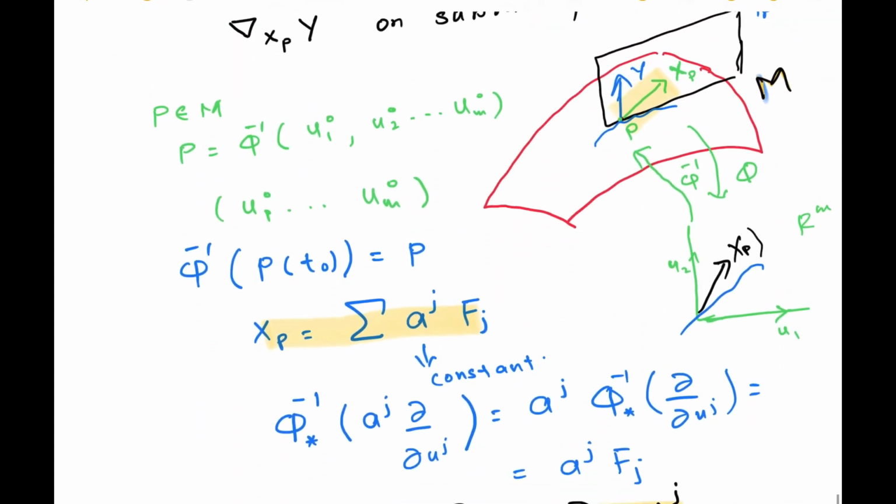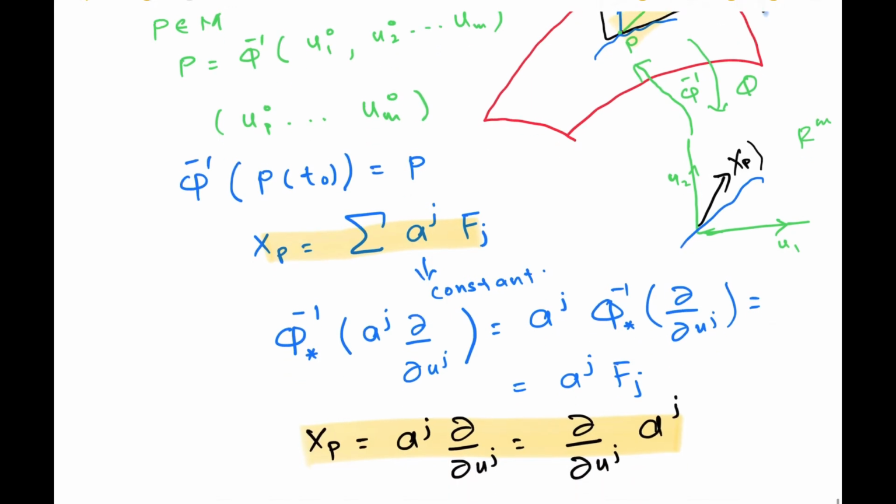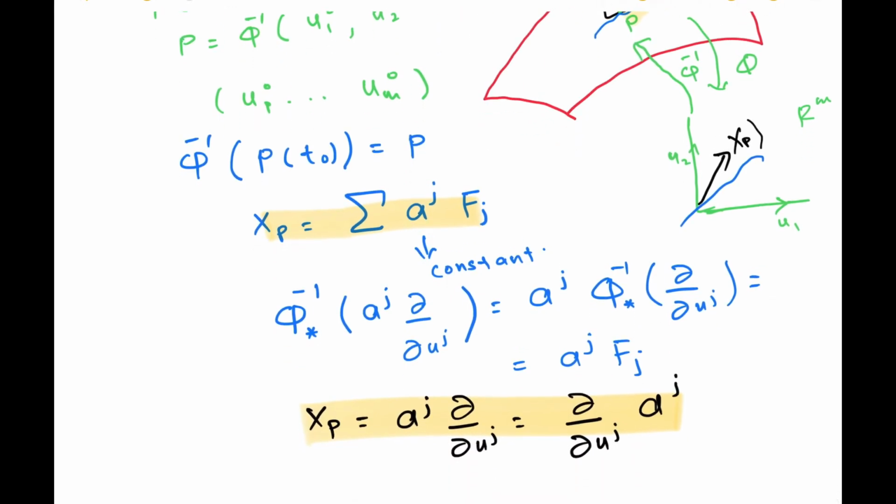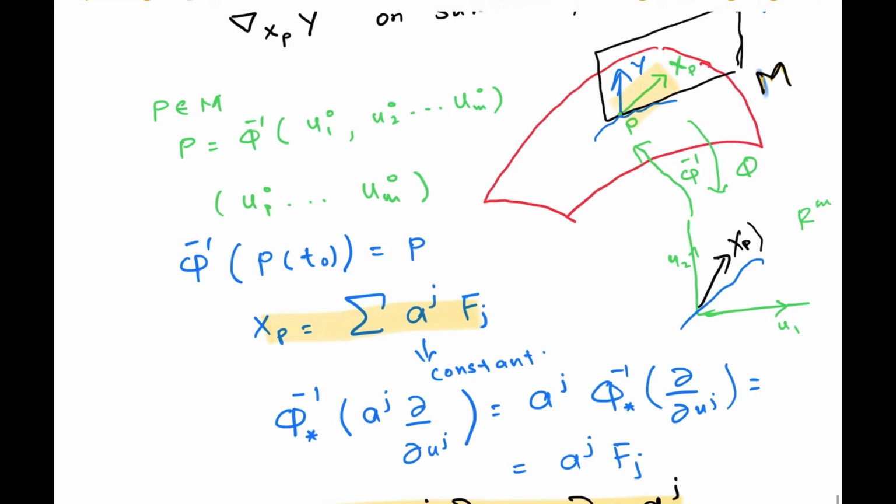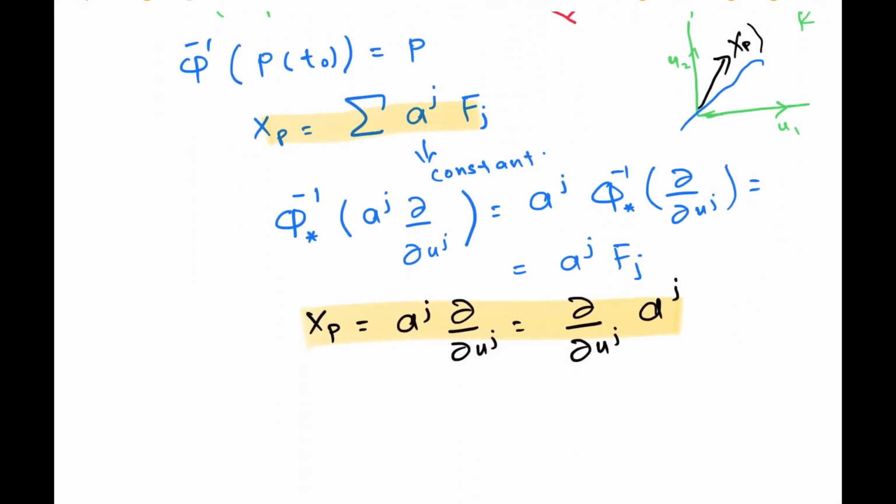Now, the formula for the covariant differentiation that we had last time, so now we are confined to a single point.